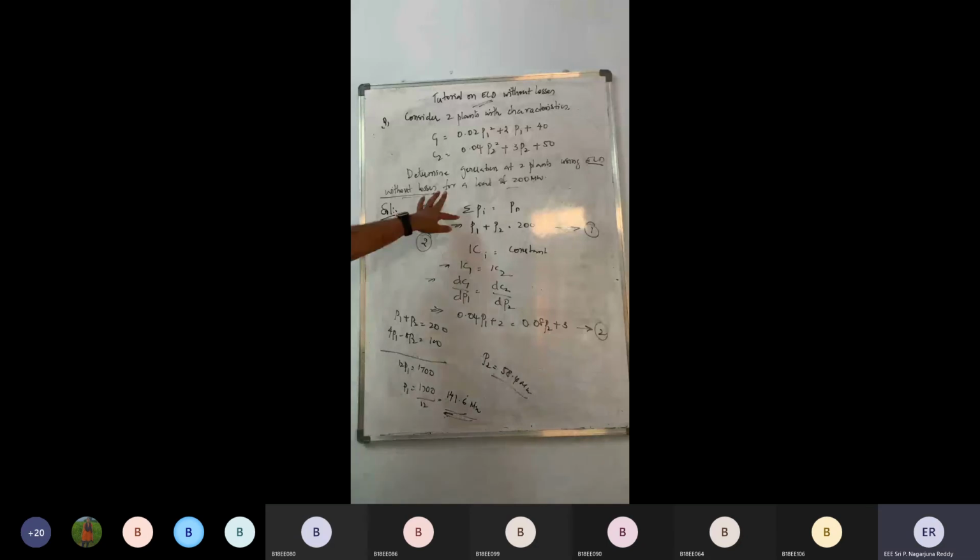So we are using two conditions. One is that the sum of all the generations must be equal to your demand. The second one is that incremental cost must be equal.